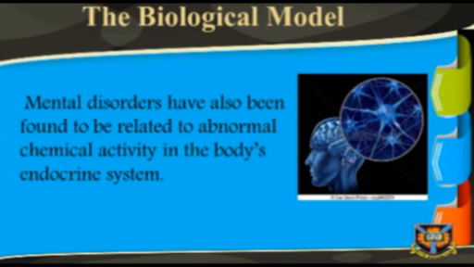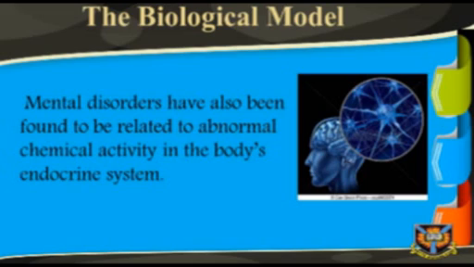Mental disorders have also been found to be related to abnormal chemical activity in the body's endocrine system. Endocrine glands located throughout the body work along with neurons to control such vital activities as growth, reproduction, sexual activity, heart rate, body temperature, energy, and response to stress.